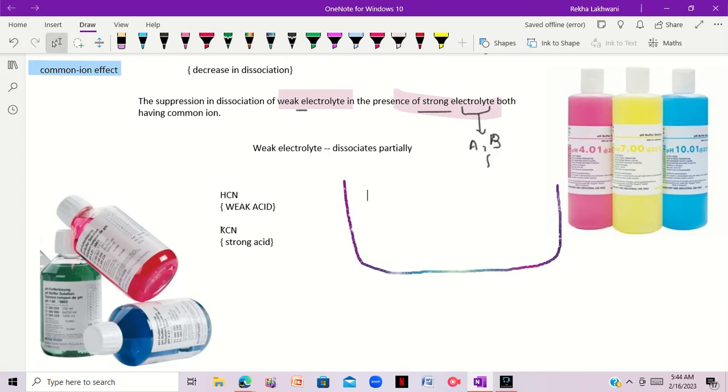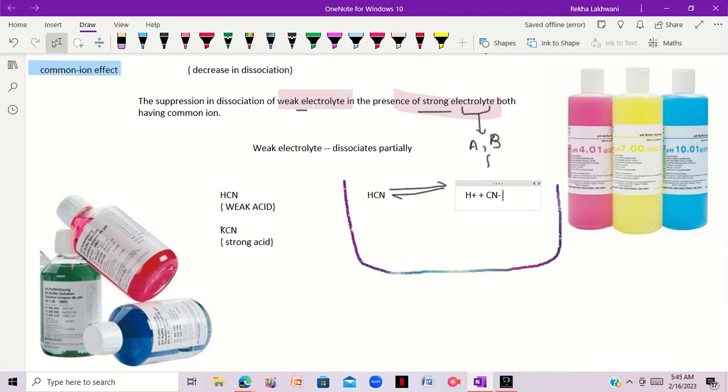Hydrogen cyanide. Okay, let me make the arrows. Right, this is the hydrogen cyanide. It will dissociate into positive ions, H plus, plus CN minus, right?